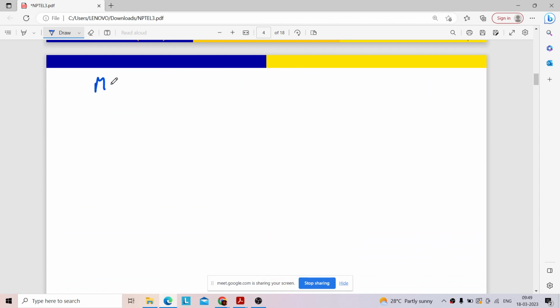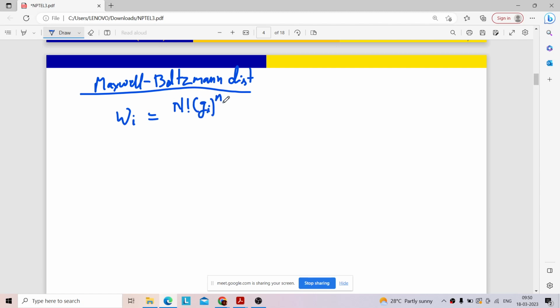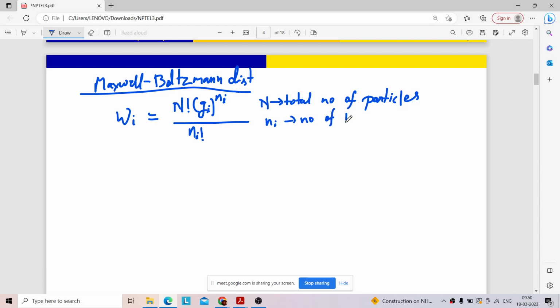So for the Maxwell-Boltzmann distribution, the number of microstates in the ith energy state will be N factorial, Gi to the power Ni, divided by Ni factorial, where N is the total number of particles and Ni is the number of particles in the ith energy state.